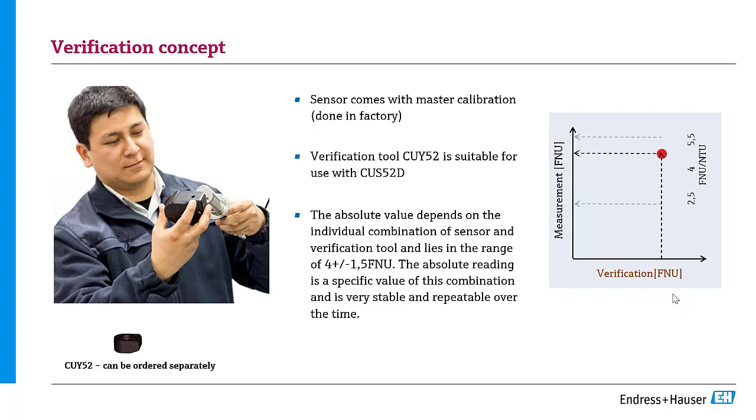That specific value depends on the combination of the light source and that reference unit. You want to write down what that value is. Let's say it's 4.1. Every time you test the sensor with that verification tool, you should get the exact same value back. If you keep getting that same value, it tells you that the light source is stable and hasn't changed, and so no calibration is needed.